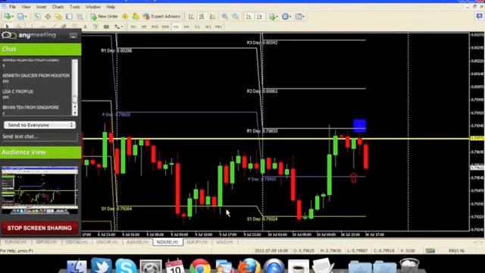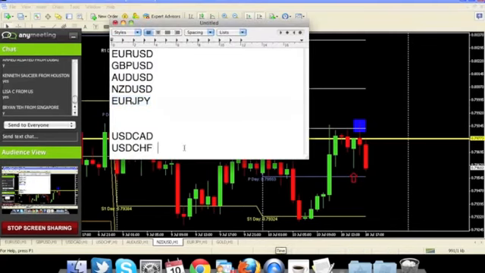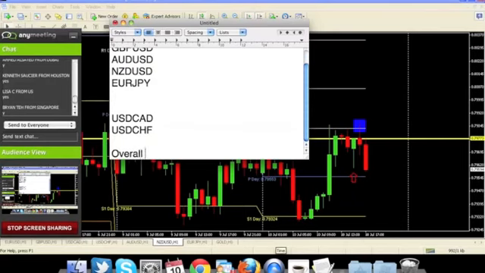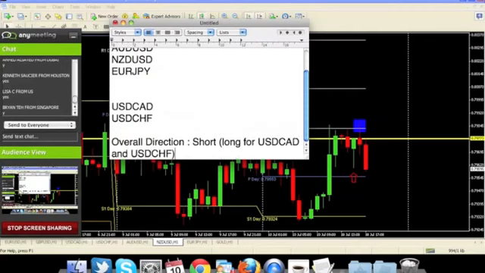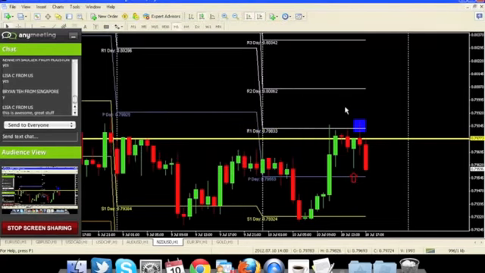Majority, right? Majority is saying we're going to go down. So you know the overall direction. The overall direction is short and long for these opposite pairs. You already know that.